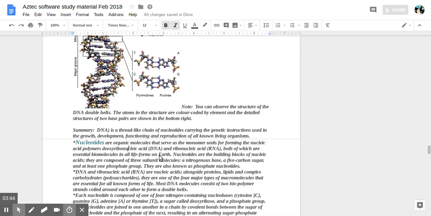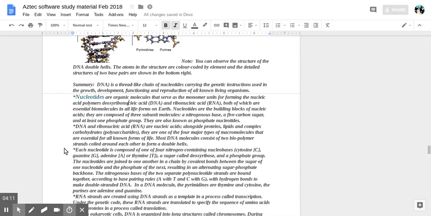It's alongside proteins, lipids, and complex carbohydrates, or polysaccharides. They're one of the four major types of macromolecules that are essential for all known types of life. Most DNA molecules consist of two biopolymer strands coiled around each other to form a double helix.